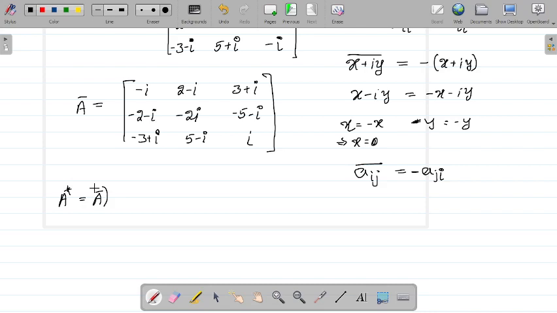So let me take minus out. When I take minus common here, you'll get 2 plus i, whereas 3 minus i, and this is minus 2 plus i, and this is 2i, minus 5 plus i, and how about this?